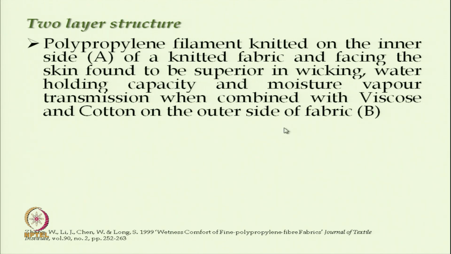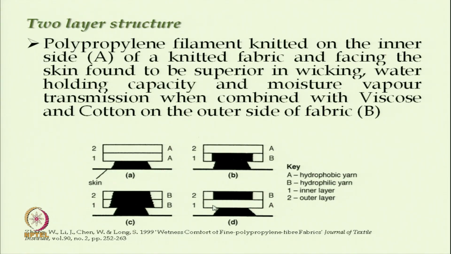So, here A is polypropylene and B is either cotton or viscose.